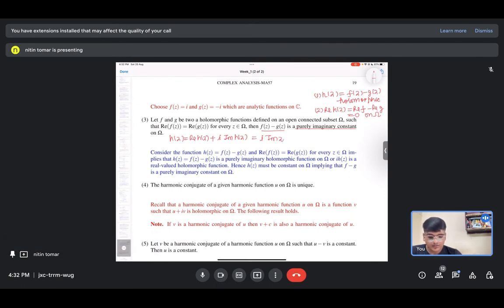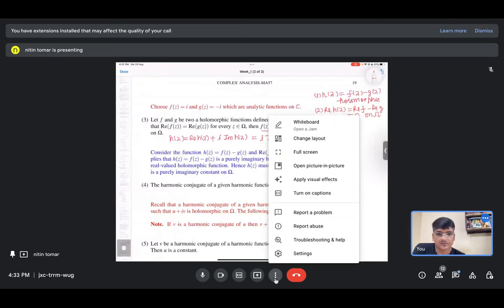So this implies iota h is minus the imaginary part of h(z). Sorry, I'm writing h. So this iota h, it is real valued, some Wi-Fi. Just a minute, guys.